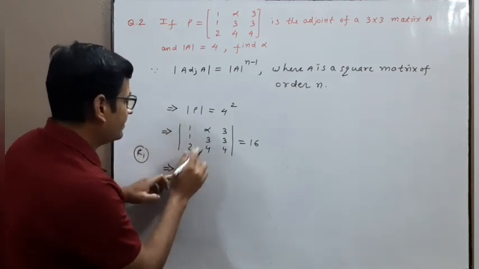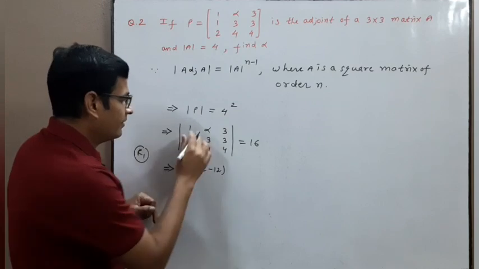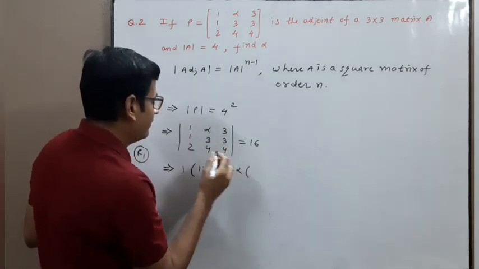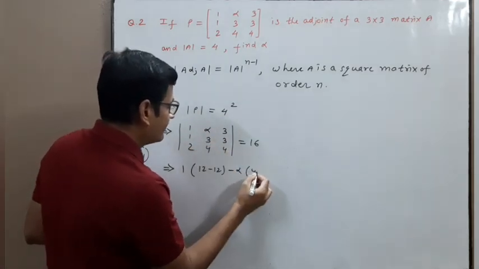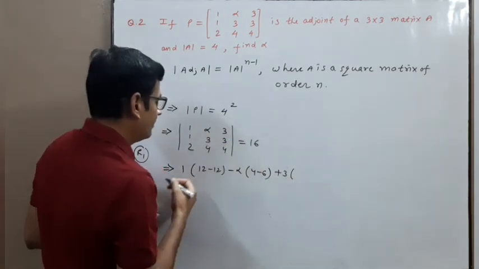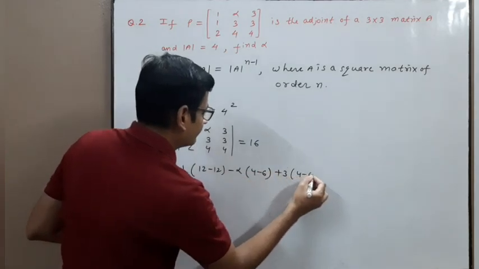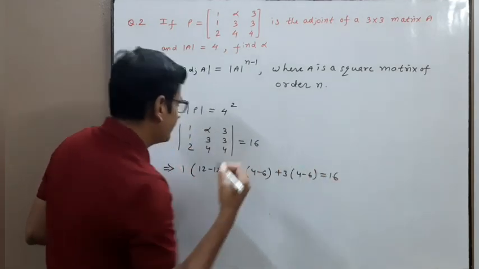So write 1 as it is, and 3 4s are 12 minus 12. Then minus alpha, 4 minus 6. Then plus 3, 4 minus 6, is equal to 16.